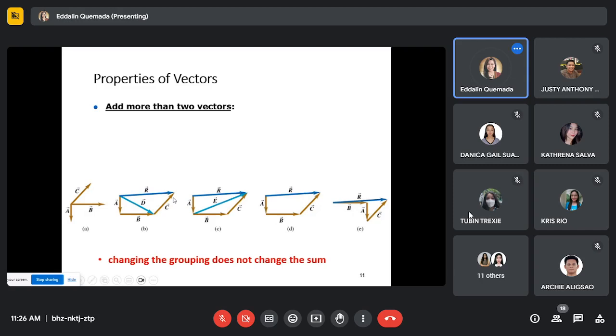So again in B, A plus B is equal to D and D plus C is equal to R. R is the resultant vector.